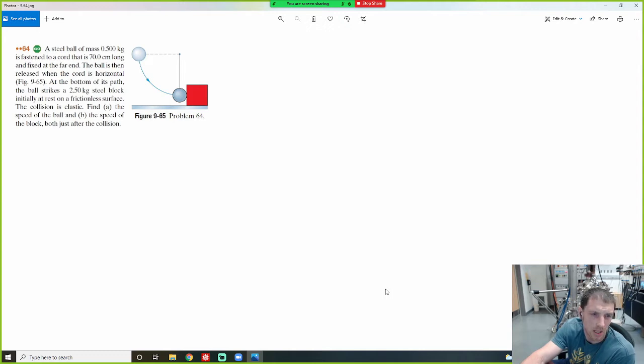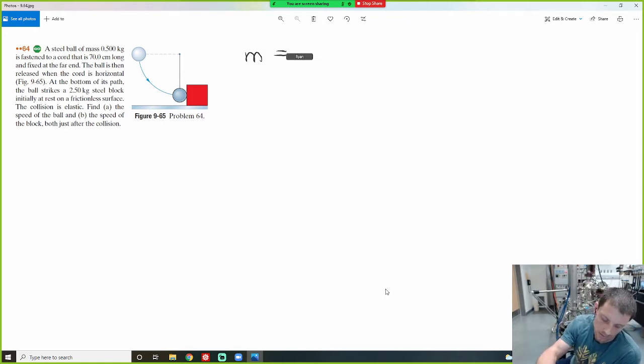So that means we can apply conservation of energy. We want to find the speed of the ball and the speed of the block both just after the collision. To do this, we need to figure out what the speed of the ball is before the collision. Actually, before I do that, let me do the usual thing.